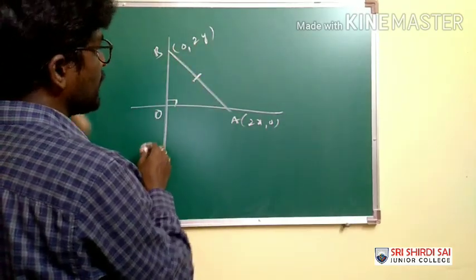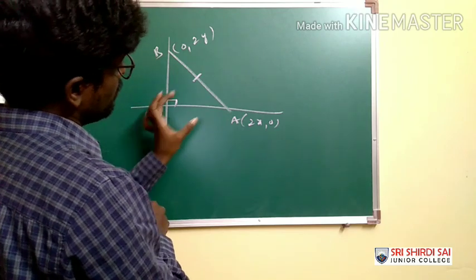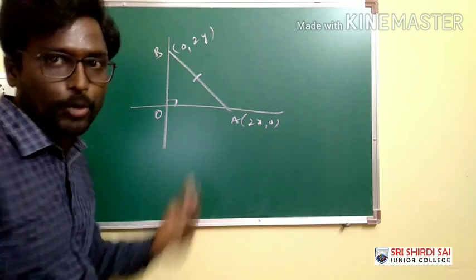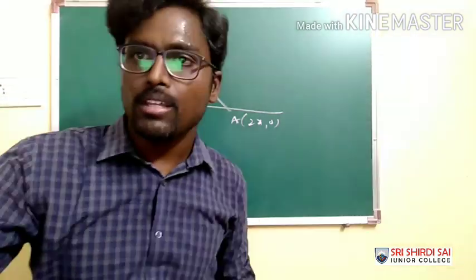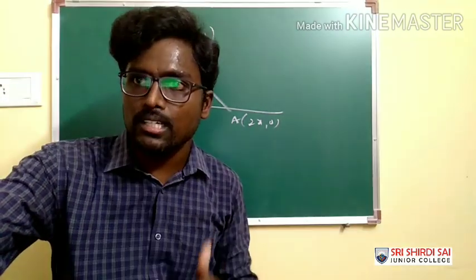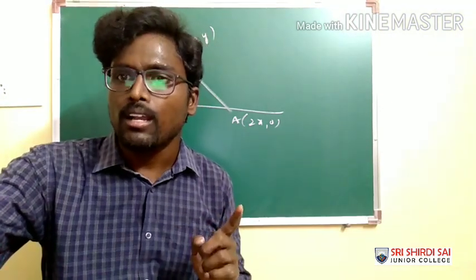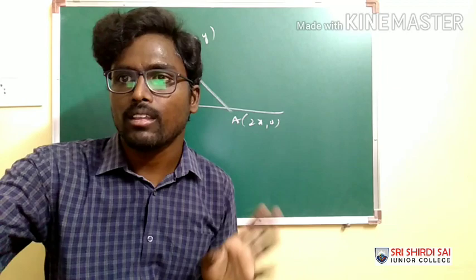Whatever length we get from this point to one vertex will be equal to the length to the others. But the question asks for the coordinates of the point which is equidistant from the 3 vertices of the triangle AOB as shown in the figure.